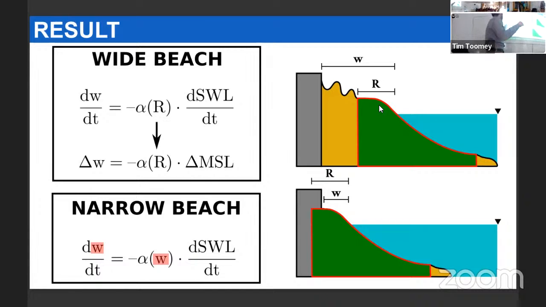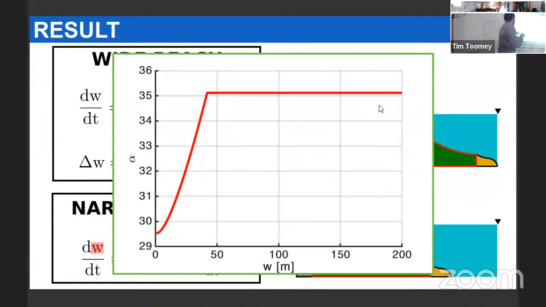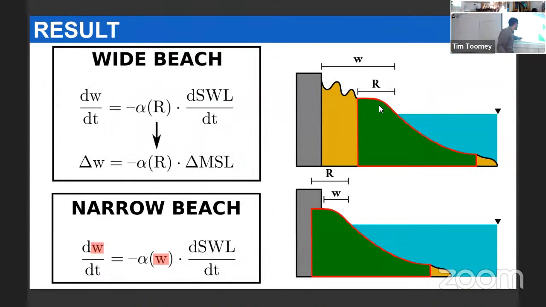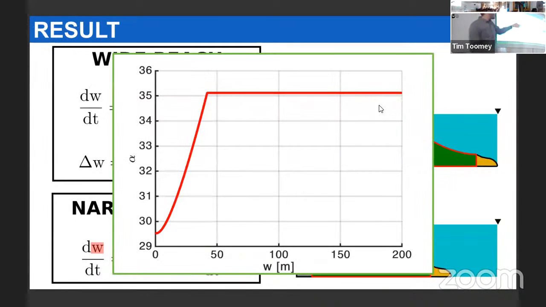But for presentation purposes, let's assume that we can do the same idea here. Here we have a linear equation, so let's assume that we can decouple it, and we can write it also in a simple form to show you that things change. So if we consider this coefficient here, that is what indicates if a change in sea level will give a big change in shoreline position or a small one, we have plotted it.